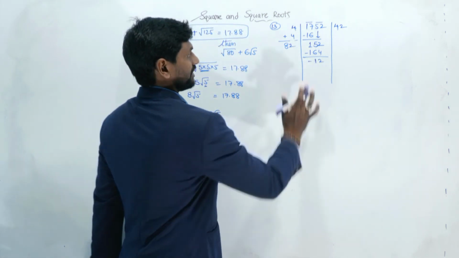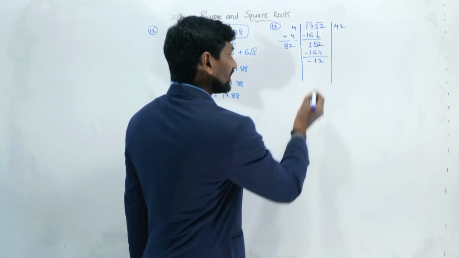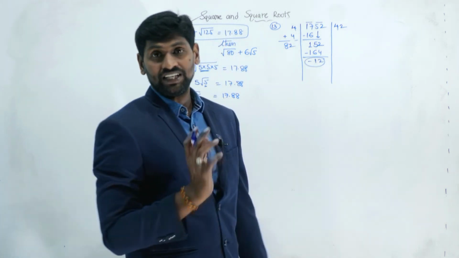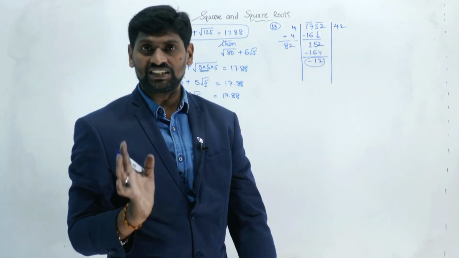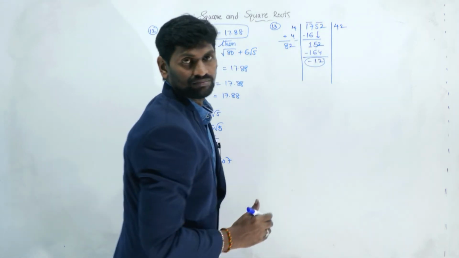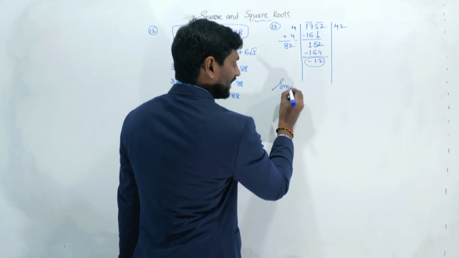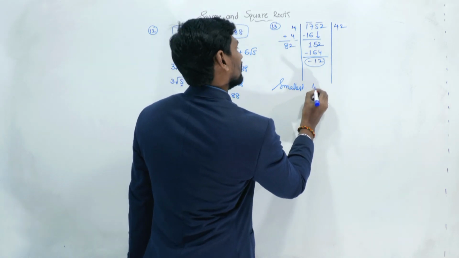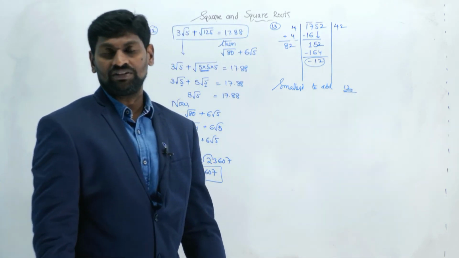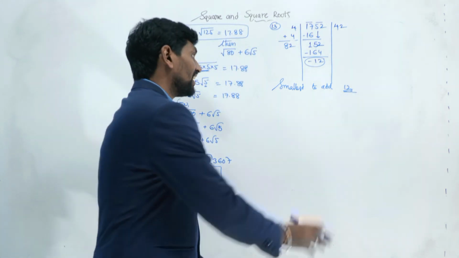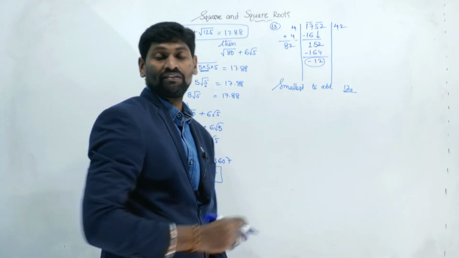That means we got less by 12. If you add this 12 to the given number, we will get exactly the square number, 42 squared. So the smallest number to add is 12. If the question asks to subtract, the previous one, 71, will be the answer.